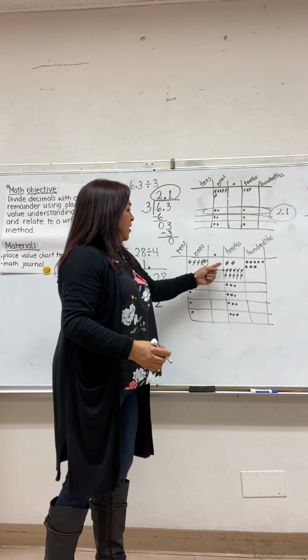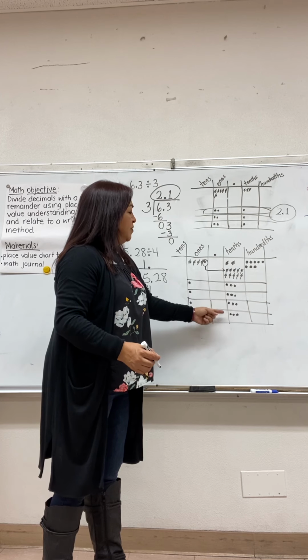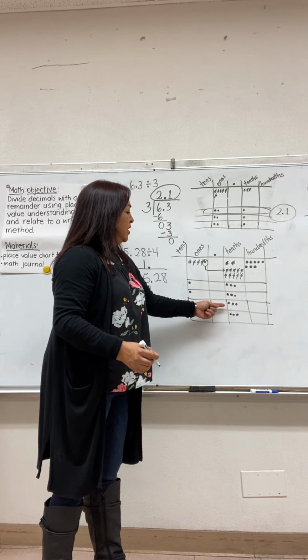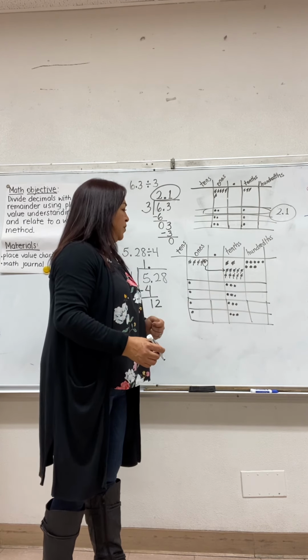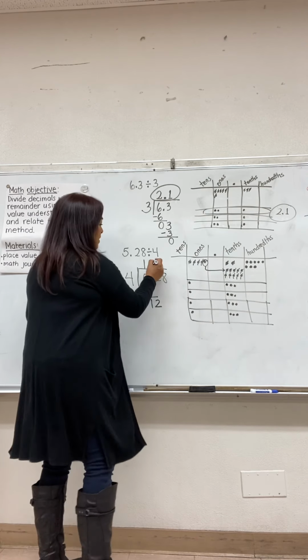So after distributing those 12 tens equally into 4 groups, I was able to place 3 units into each group. So let me go ahead and note that down.